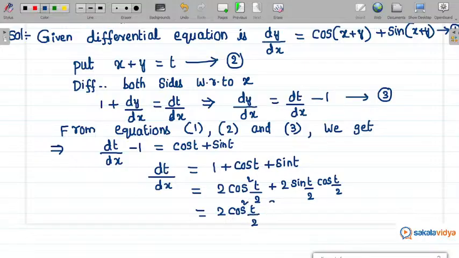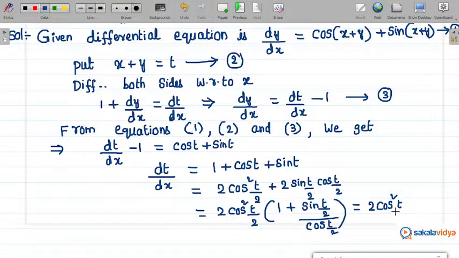If you take 2 cos square t by 2 common, what do we get here? You will be getting 1 plus sin t by 2 by cos t by 2. Actually this is cos square t by 2 by cos square t by 2, with 2 cos square t by 2 taken common out. So this we can write as 2 cos square t by 2 times 1 plus tan t by 2, since sin t by 2 by cos t by 2 is tan t by 2.